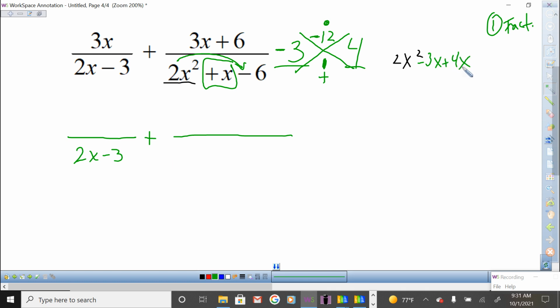You guys remember these, yes? What's my last term? My last term is negative 6. Let's group. GCF here is x. We're left with 2x minus 3, plus GCF here is 2, and we're left with 2x minus 3. So what's the same here and here?